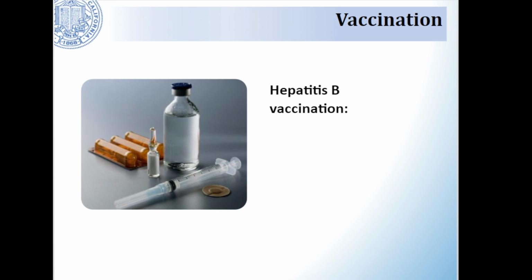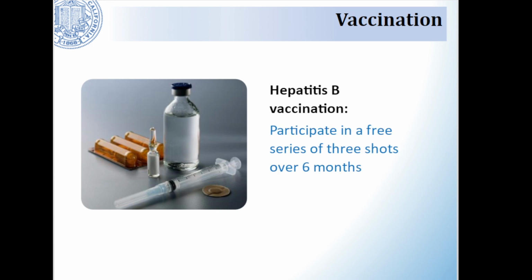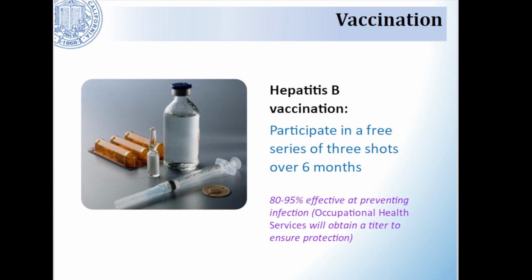It is given in a series of 3 shots over approximately 6 months with a follow-up evaluation test. The vaccine is 85 to 95% effective at preventing infection and is safe and effective, and you cannot get the disease from the vaccine. For more information, consult with your occupational health physician.